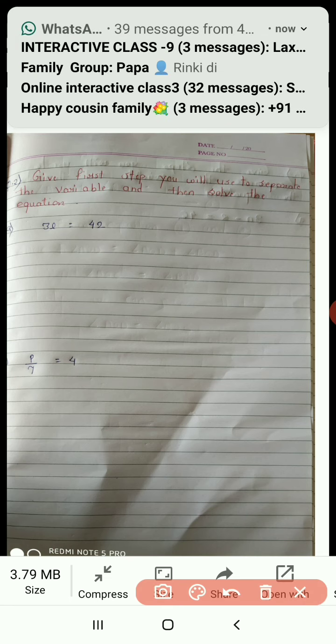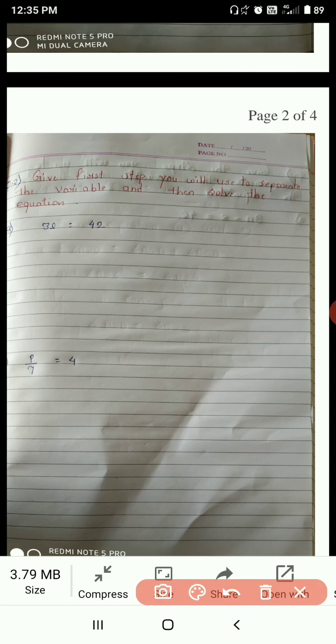So here, give first the step you will use to separate the variable and then solve the equation. Here you have to write the step. Whatever we have done in question number 1, the same thing we will apply here also. First we will write the step, which we are going to follow.